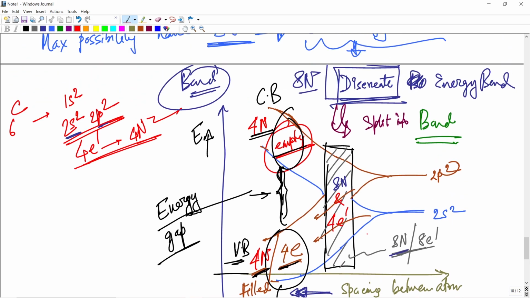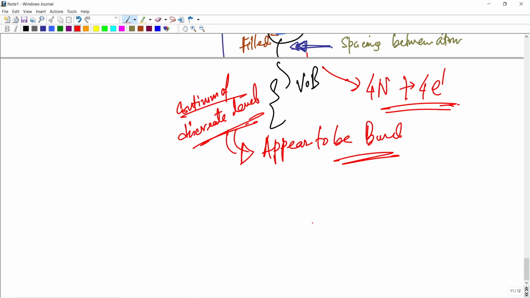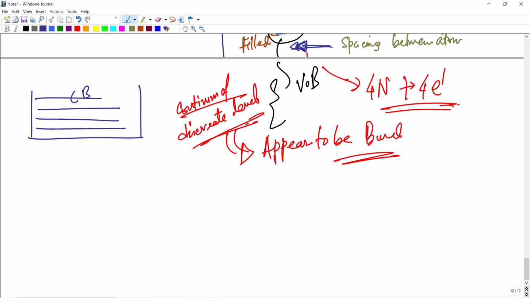Finally, in the conduction band there are 4n states here, and here it is empty.